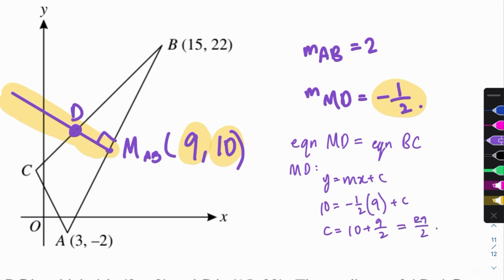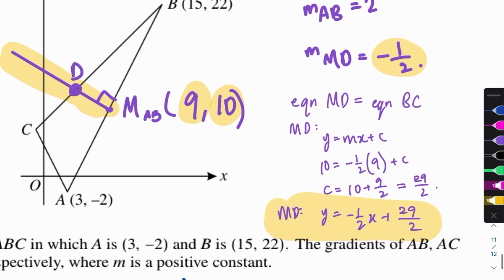So c equals 29 over 2. So then our equation for MD is y equals minus half x plus 29 over 2. Okay, now let's remember that.